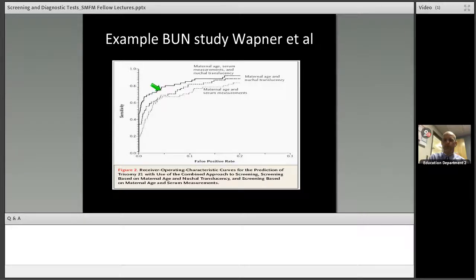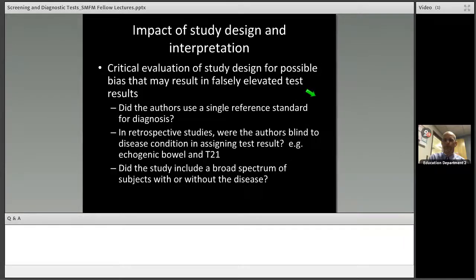You can see a sensitivity of about 75 to 78% for a false positive rate of only about 5%. Based on this, the authors concluded that the combined screening in the first trimester was better than using maternal age and nuchal translucency or maternal age and serum screening only. So that's one way of using the ROC curves.